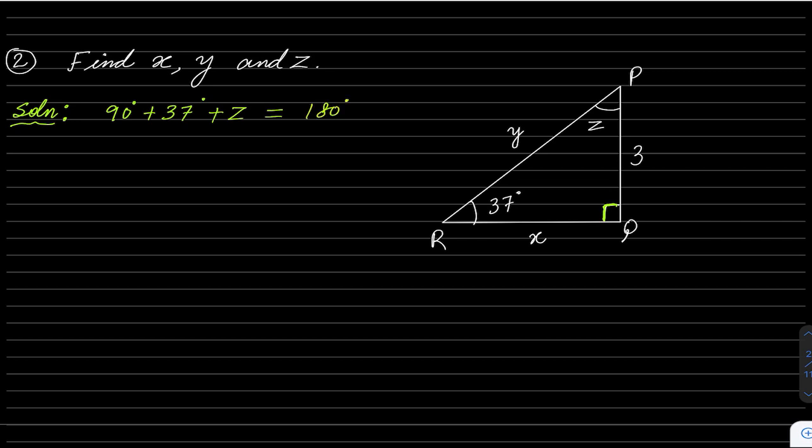From this, I can directly find my Z value. 180 minus 90 minus 37 is 53. So Z is coming out to be 53 degrees. So that is my answer. I hope it's clear. Okay, next. Now we know Z also, we know R also.